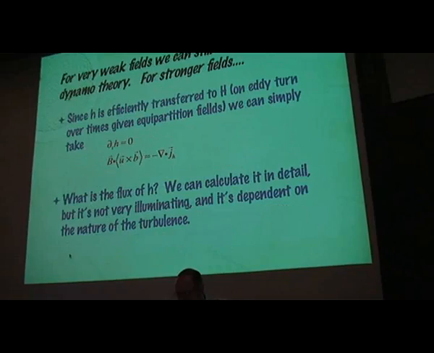Okay. For very weak fields, we're in a regime where we can still use kinematic dynamo theory, but that doesn't get us to equipartition. It's not all that interesting for actual applications, so we need to think about how to do this for stronger fields where this is an important effect.